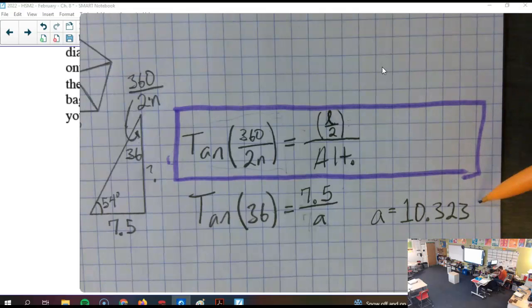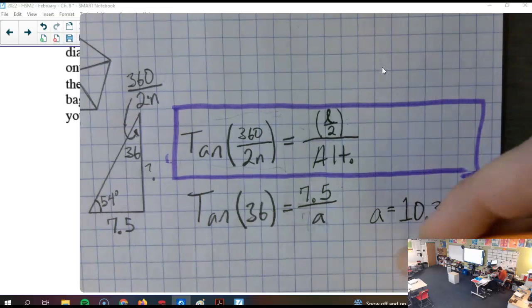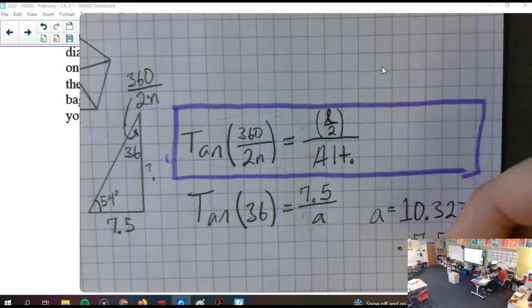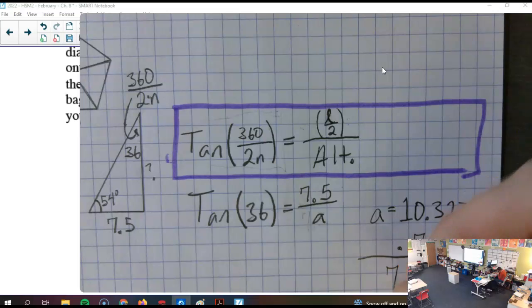So that's 10.32. Do 10 times 0.3, 10.32 times 7.5. Okay, add me back. That's 77.42.